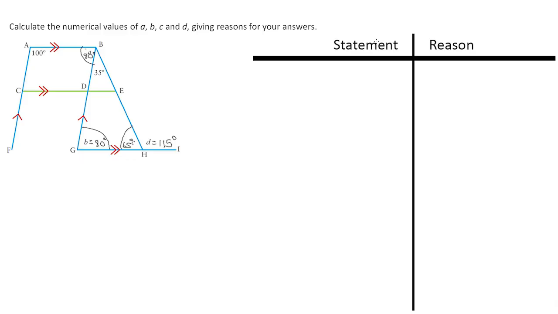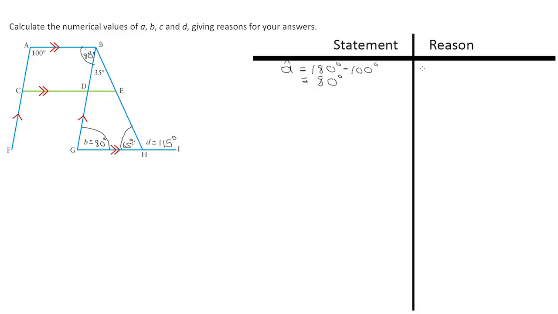So let's start first with A. A is equal to 180 degrees minus 100, and that is equal to 80 degrees. Why is it like that?